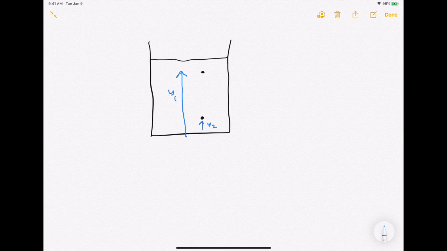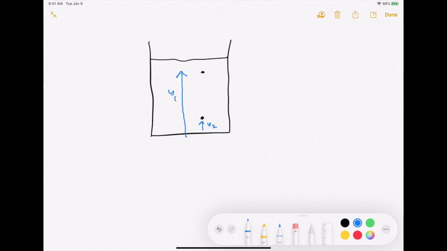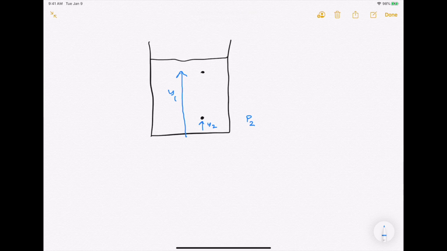Let's assume that the pressure at this point is P2, and the pressure over here is P1.